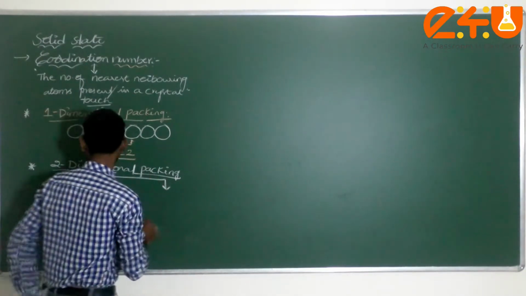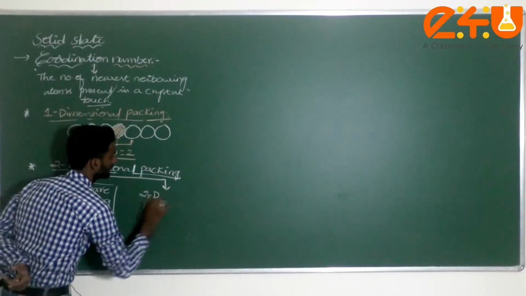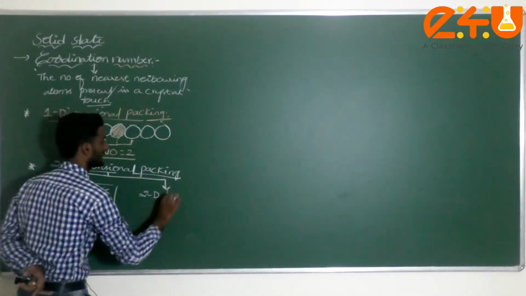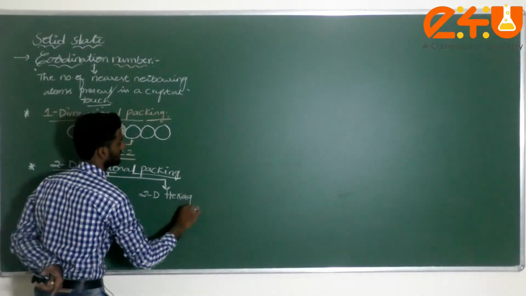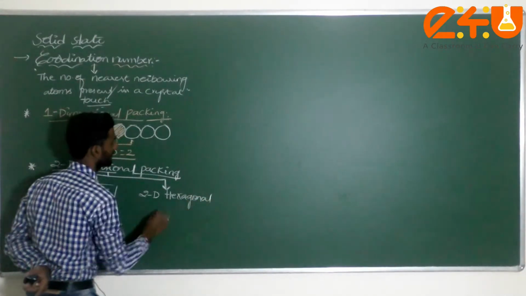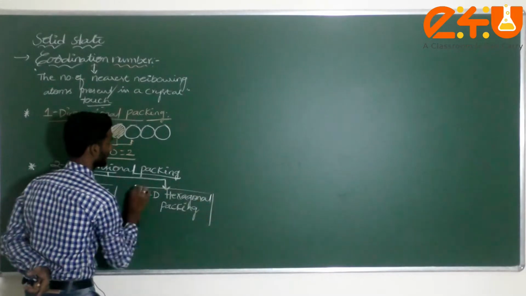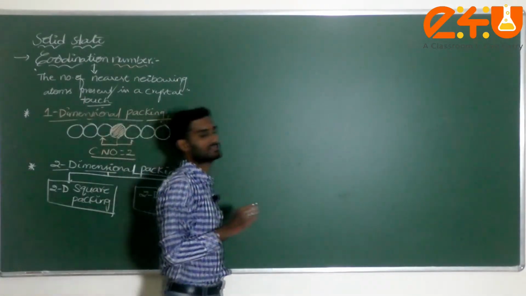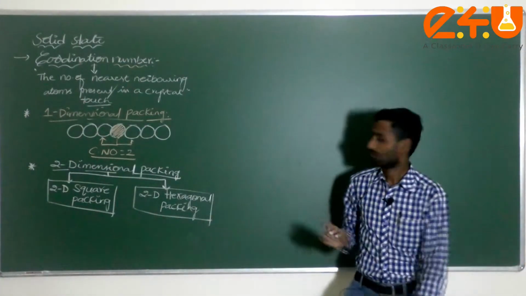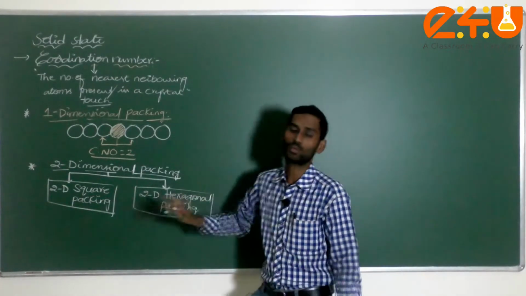The next one is two dimensional hexagonal structure, hexagonal packing. In these two types of packing we are going to observe the two dimensional arrangement.